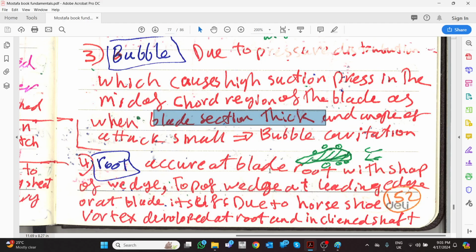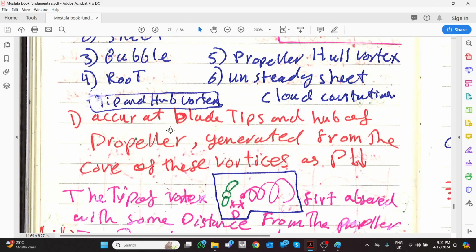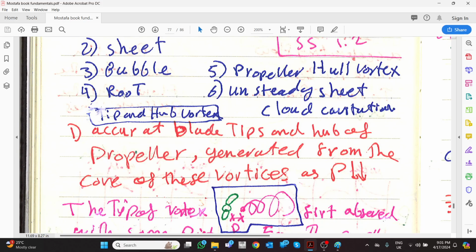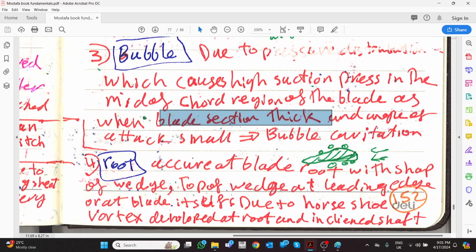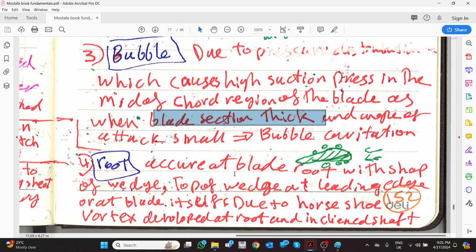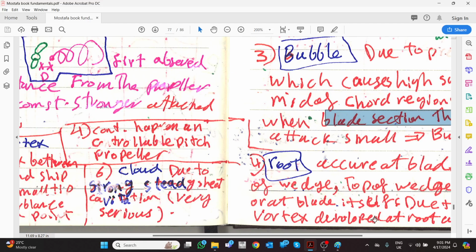Root cavitation, we have reached number 4. Root cavitation occurs at the plate root, with the shape of a wedge or at the leading edge of the plate itself, due to a horseshoe vortex developed at the root and its inclined shaft.